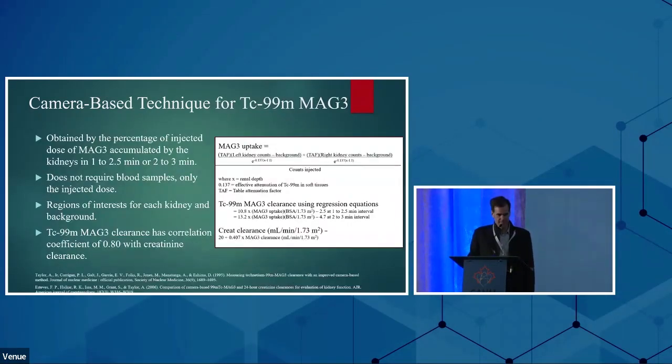A camera-based method for MAG3 has also been proposed, but it has a lower correlation coefficient than OIH, at 0.80. So that has some work to do. It has not been accepted, but it exists.